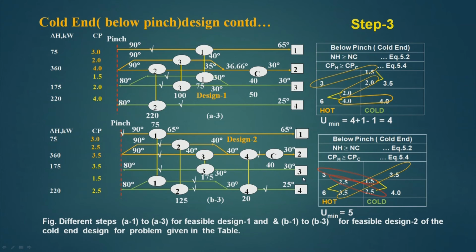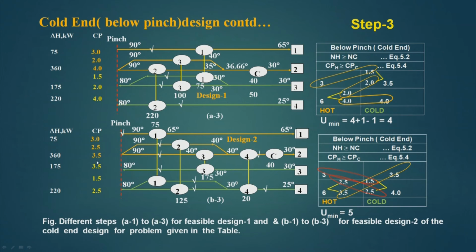Now, if I see this stream has a delta H of 175 kilowatt. So, here if I see this 3.5, so 90 minus 40 is 50 degree, 50 into 3.5 comes out to be 175.